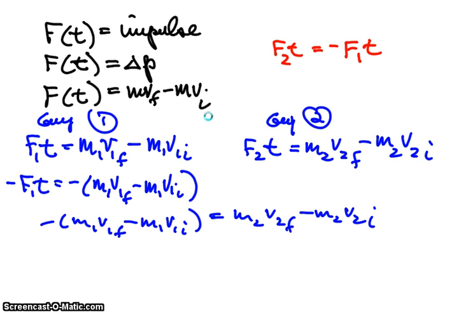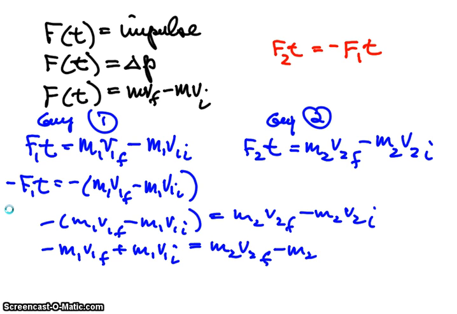And let's just carry the minus sign into the parentheses. It will distribute it. So we get a minus m1 v1 final plus m1 v1 initial equaling m2 v2 final minus m2 v2 initial.